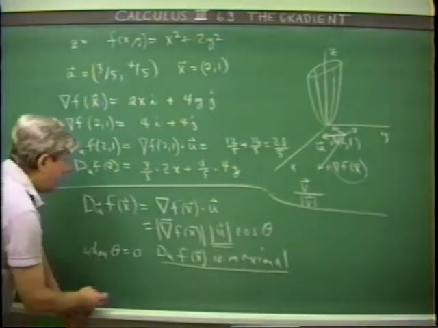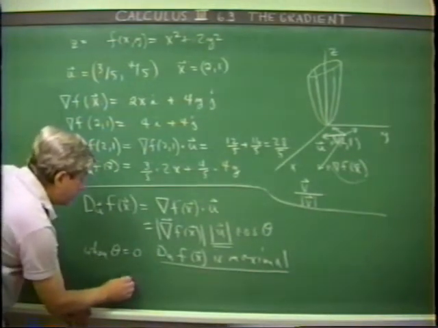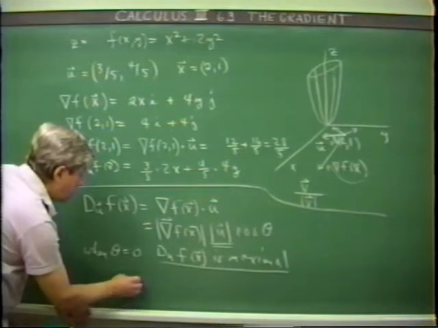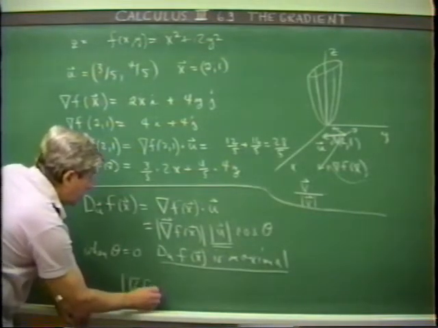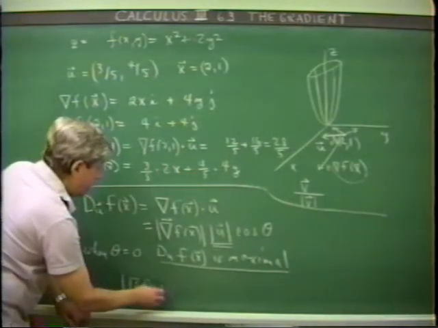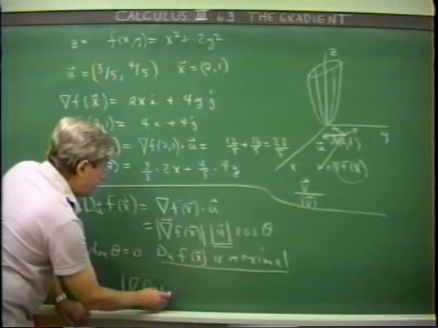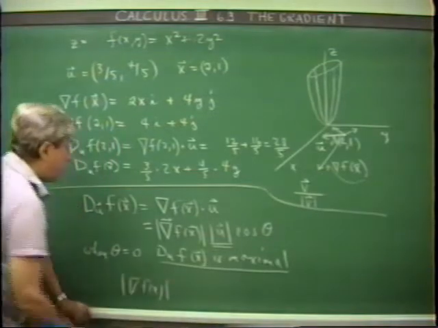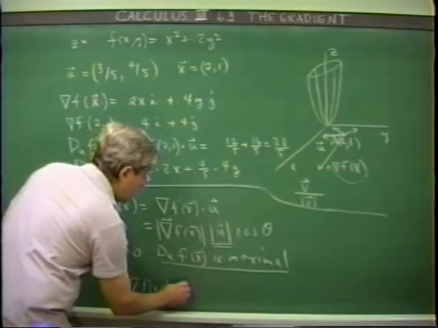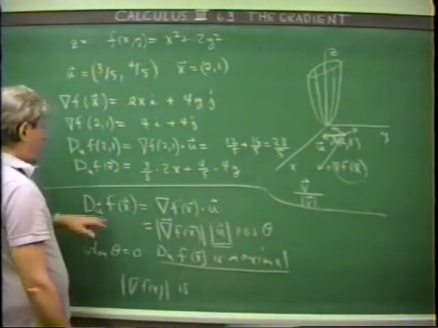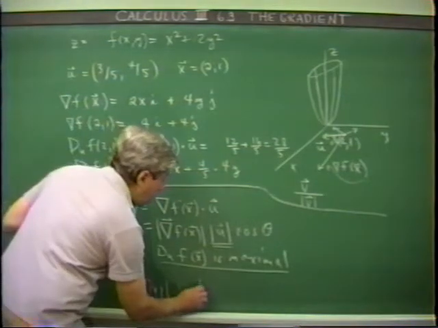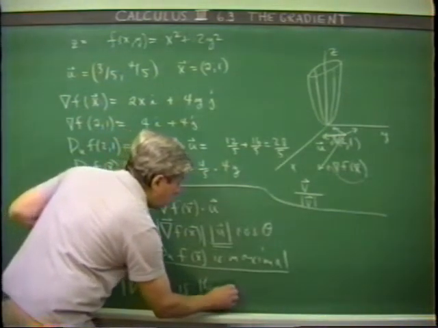And D_u is maximal, and the magnitude of the gradient, when theta is equal to 0, the magnitude of the gradient is equal to the maximal value of the directional derivative.